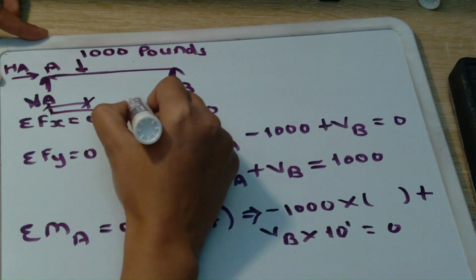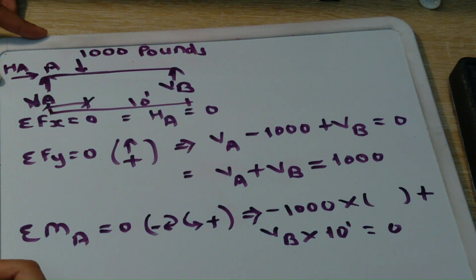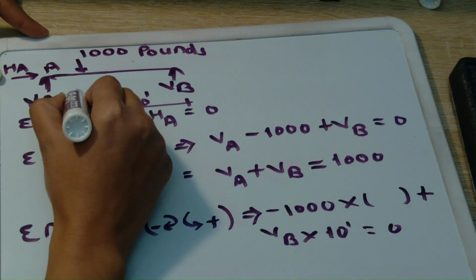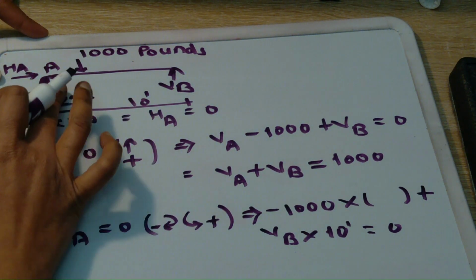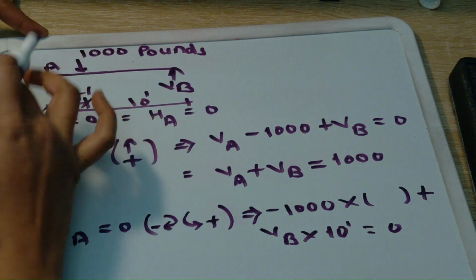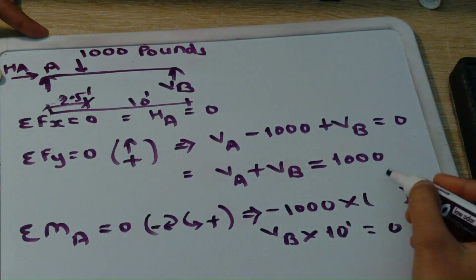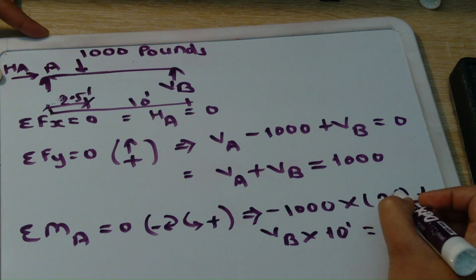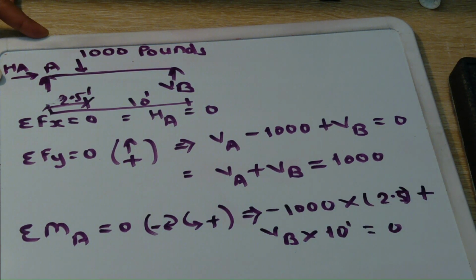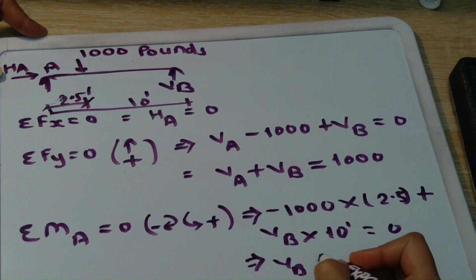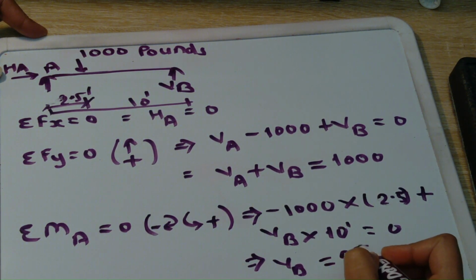This is 10 feet, and the load is at 2.5 feet. I will just rub this so it will be clear. So 1000 into 2.5. After solving this, we get VB equal to 250 pounds.